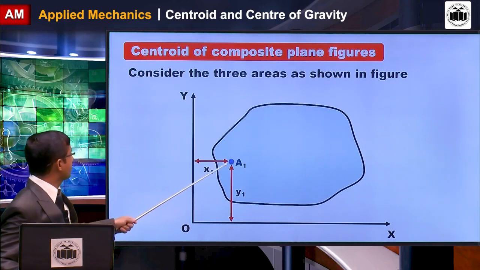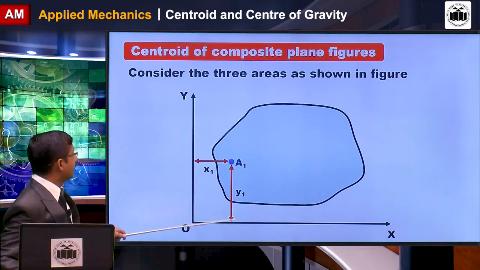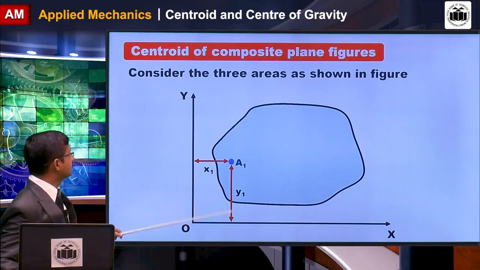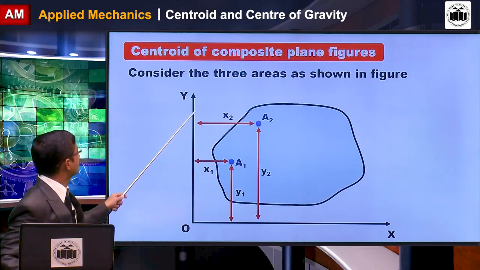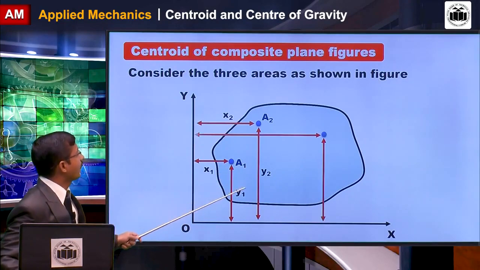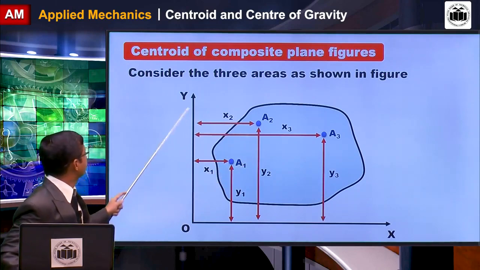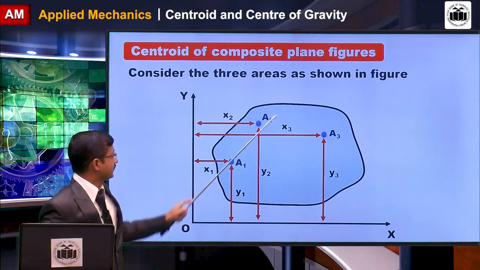The first area is A1, at distance x1 from the Y axis and y1 from the X axis. For A2, the distances are x2 from the Y axis and y2 from the X axis, and for A3 they are x3 and y3.